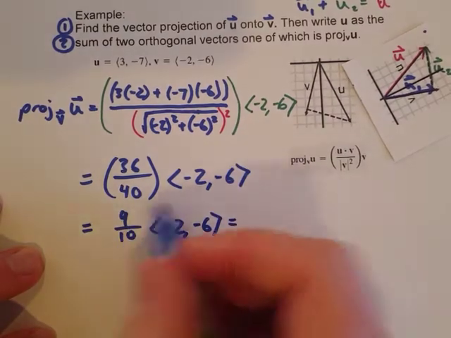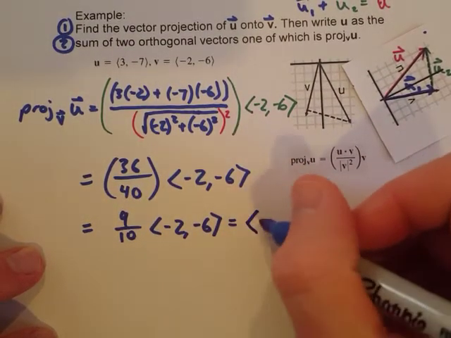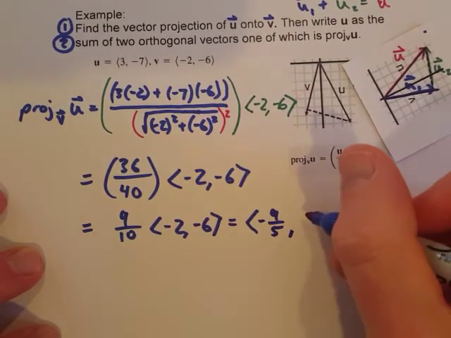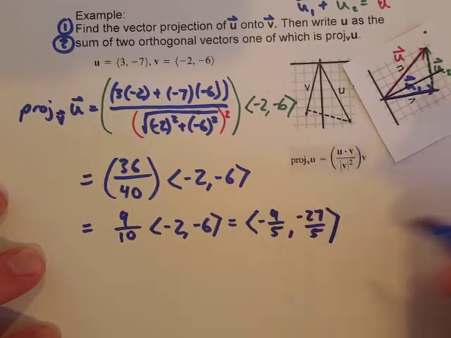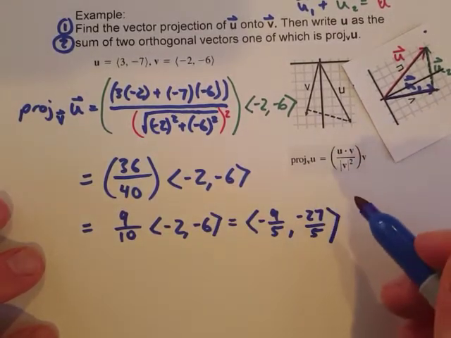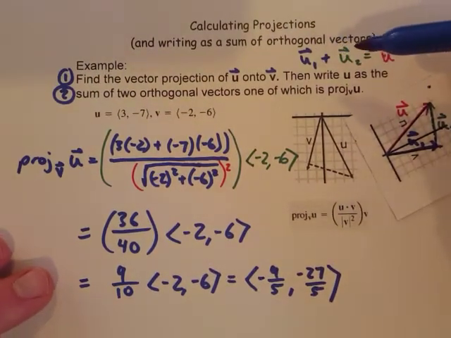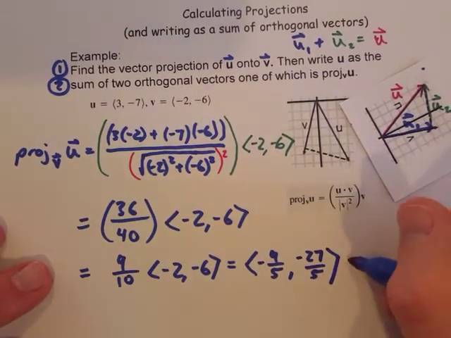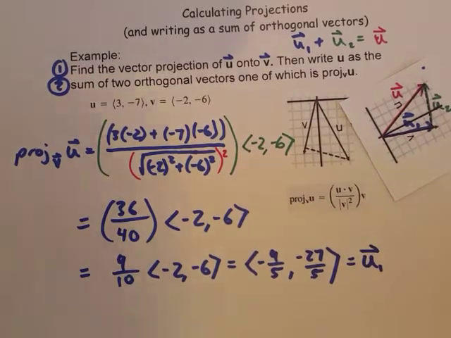So we distribute this fraction in, simplify the numbers, and what we get down to is negative 9/5 comma negative 27/5, just reducing, distributing, and then reducing those numbers. So what this is from up here is the blue vector. That's our projection, and so this is equal to u1. So we've done the first part, we've done number 1.